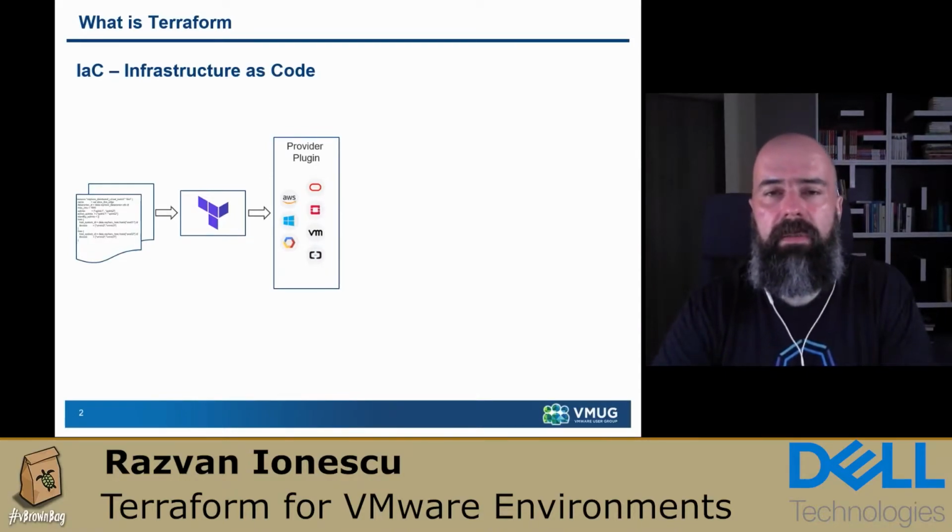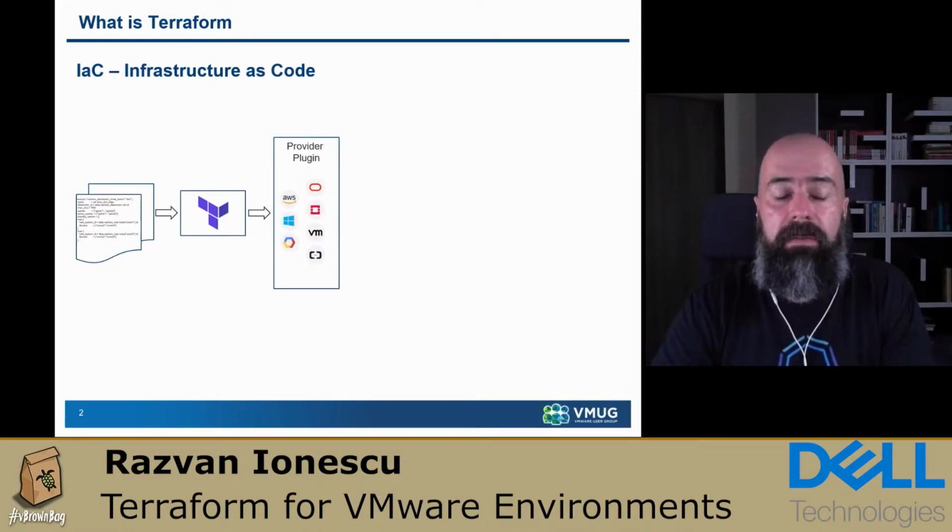Those are providers that are created and managed by VMware. The vSphere provider manages the lifecycle of VMware vSphere resources, meaning virtual machines, ESXi hosts, data centers, data stores, vSwitches, everything. You can basically create the whole infrastructure, the whole data center from scratch and configure it using the Terraform provider.